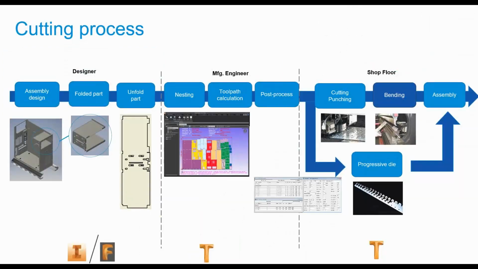So just quickly looking at the cutting process that goes from the designer to the shop floor. I suppose you have a basic assembly design, you have folded parts, you have sheet metal parts, and the designer is limited to the design and unfolding of the parts really.